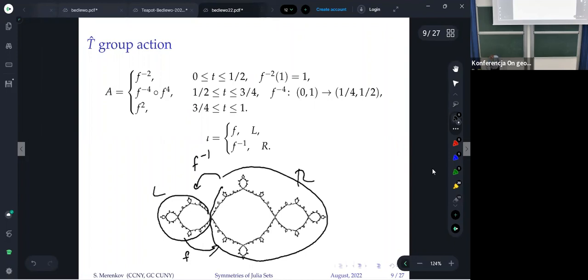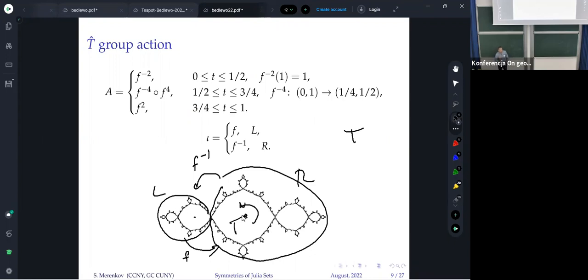And so group T fixes the central component. T leaves this fixed, but I interchanges these two. And you can see that by successively applying these elements of T and I, it's a very simple exercise, you can take any bounded Fatou component and map it to the central Fatou component just by some rotations and flipping.